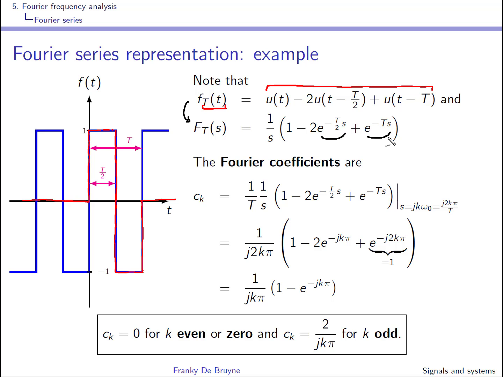And what we have to do is use this Laplace transform, multiply by 1 over T, and replace s by jk omega 0, and omega 0 is 2 pi over T. Okay, and you will see that very quickly you obtain the same expressions as before, and indeed you see, using this expression here that we have obtained before, that ck is 0 for k even or 0, and that ck is given by this expression here for k odd.